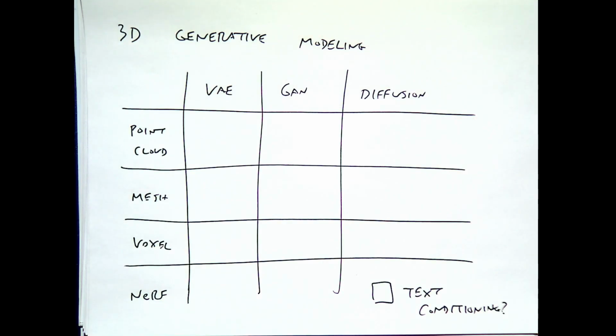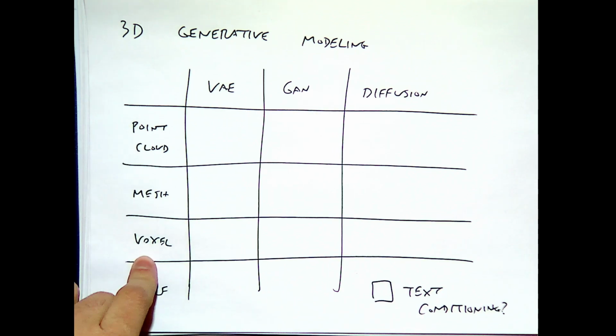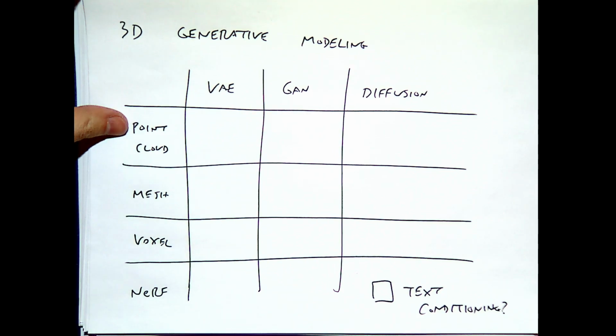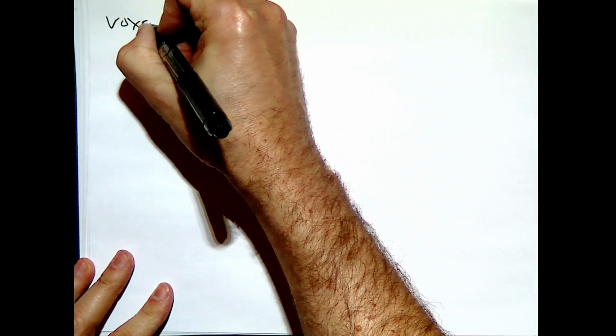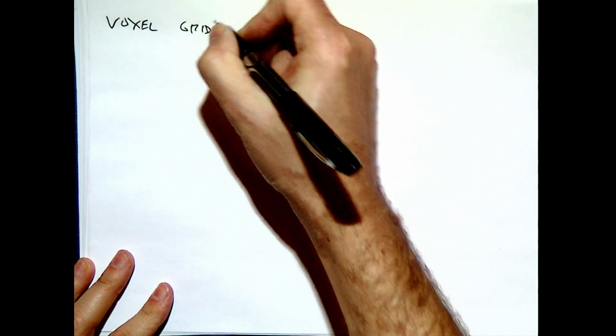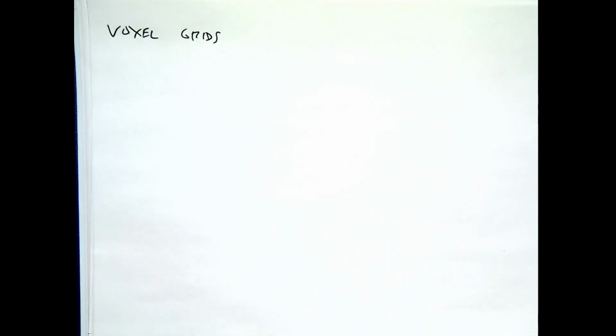Even though I didn't do this in the right order, let's talk first about voxel grids. If you remember, voxel grids are the most direct extension from 2D to 3D, and a lot of early work was done in this area.